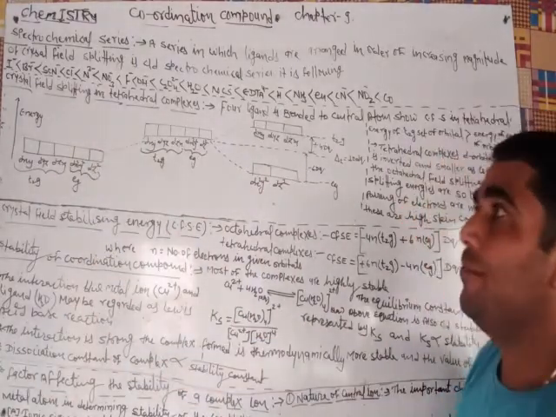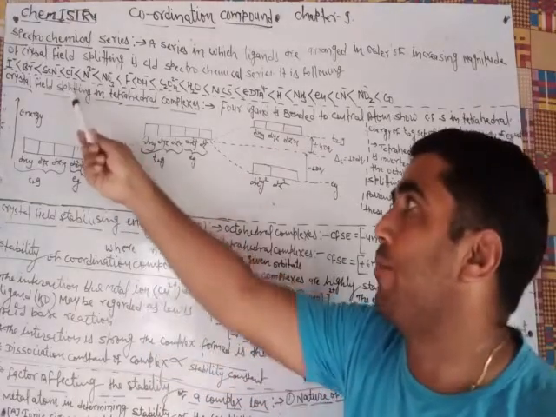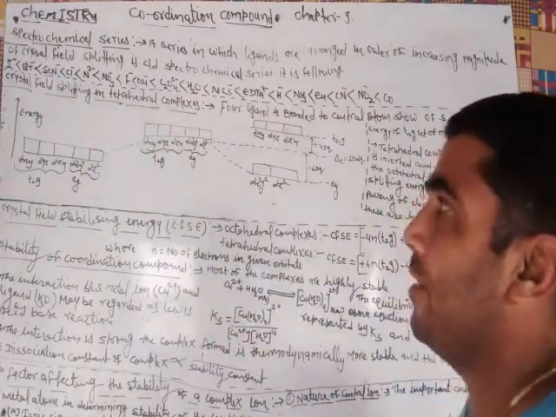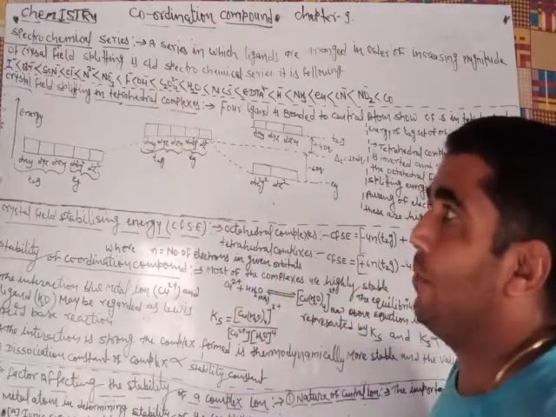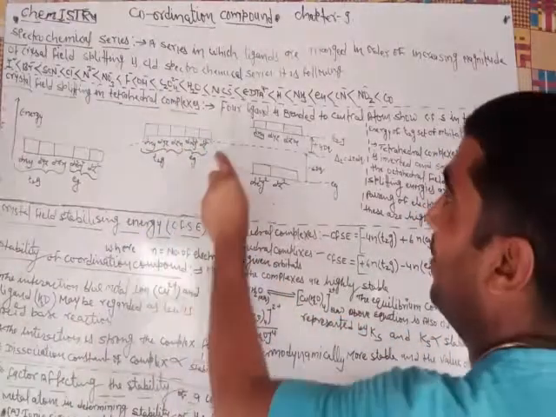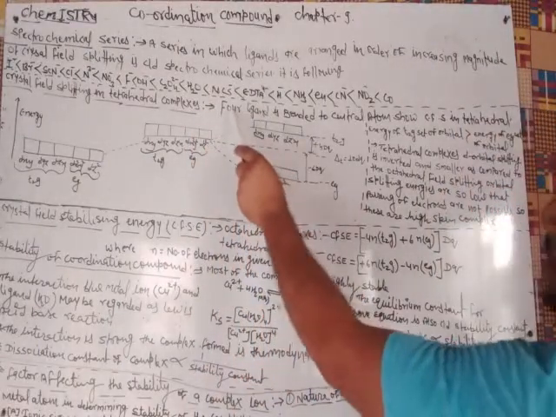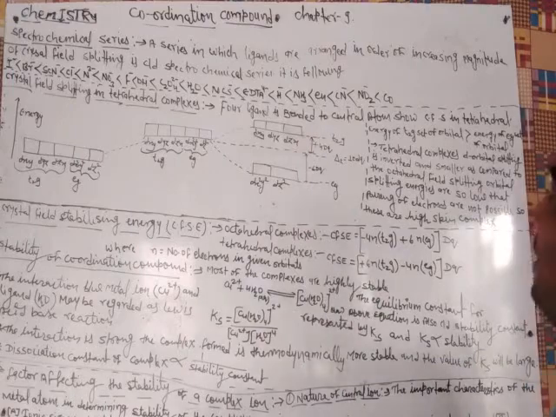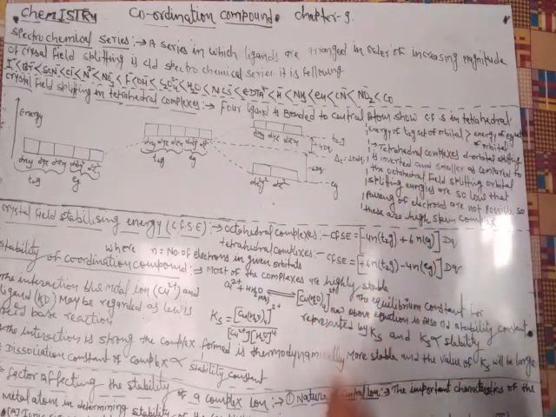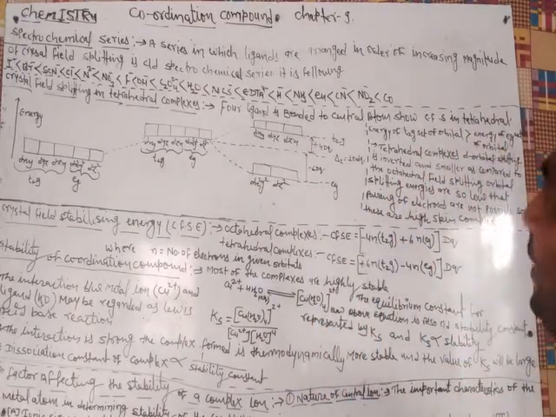Next, second, CFT, crystal field splitting in tetrahedral complexes. First we have read the crystal field splitting in octahedral complexes. Tetrahedral means 4 ligands are bonded to the central metal atom. So, crystal field splitting in tetrahedral.